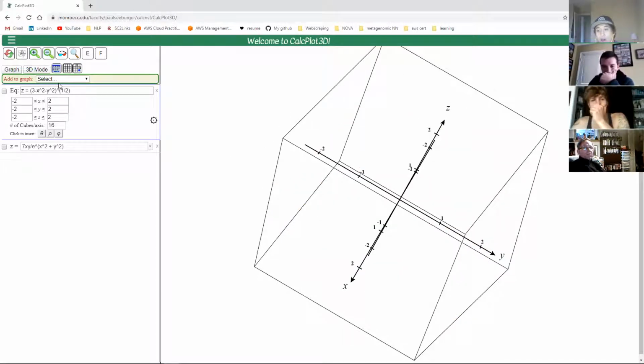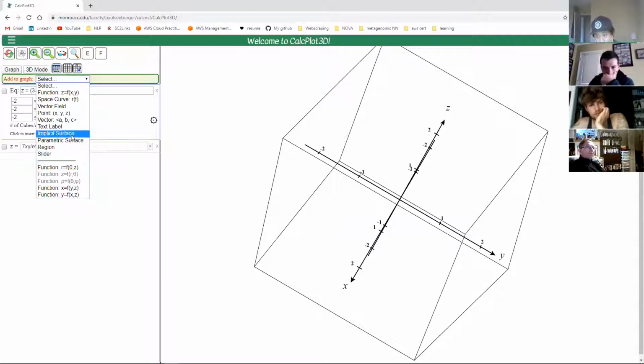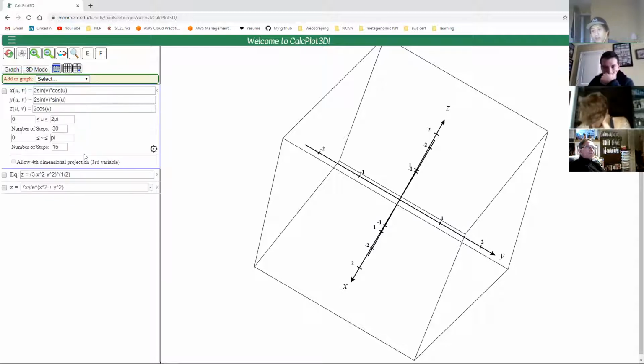And I can draw a parametric surface right here, using this exact same parameterization. u, v, 3 minus u squared minus v squared to the 1/2.